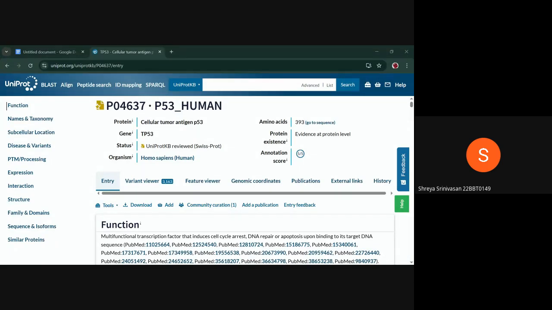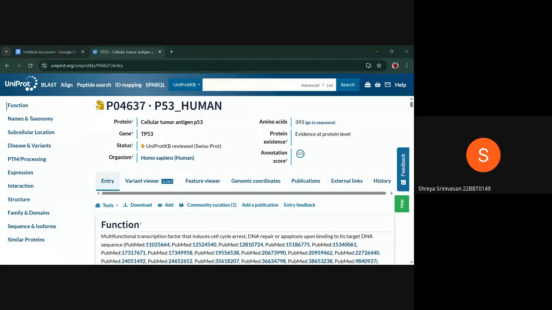Yes, go ahead, Anand. Protein existence means that we have actually observed it, because some have only been predicted computationally. And annotation score is how accurately we have sequenced it. Your protein existence definition is absolutely right.